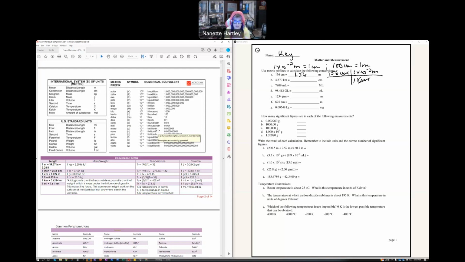So 4.87 kilometers to centimeters. So now I need to go from kilo to centi. And I'm going to need 2 conversion factors to do that. So I know that 1 kilometer is 1,000 meters. I also know that 1 centimeter equals 1 times 10 to the minus 2 meters.